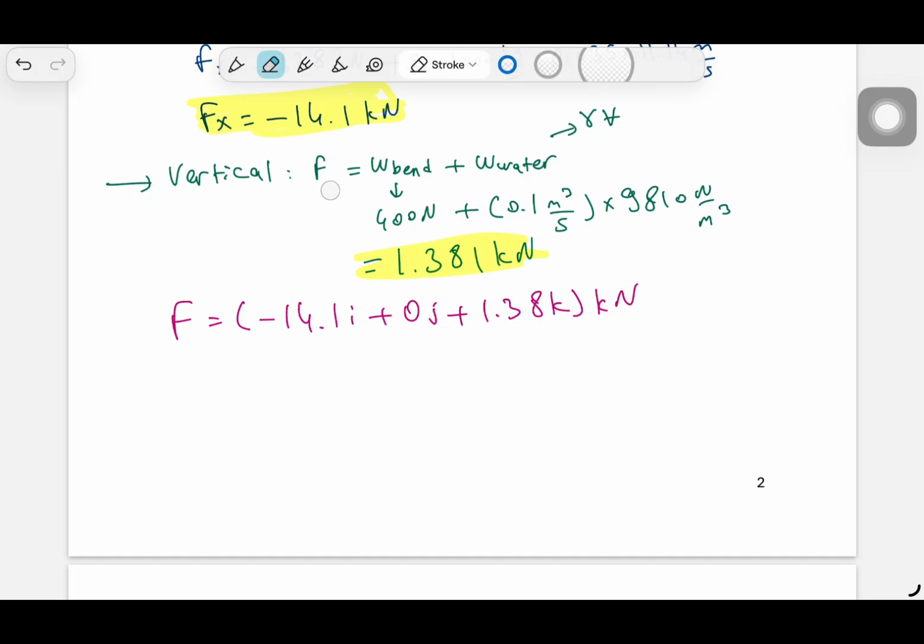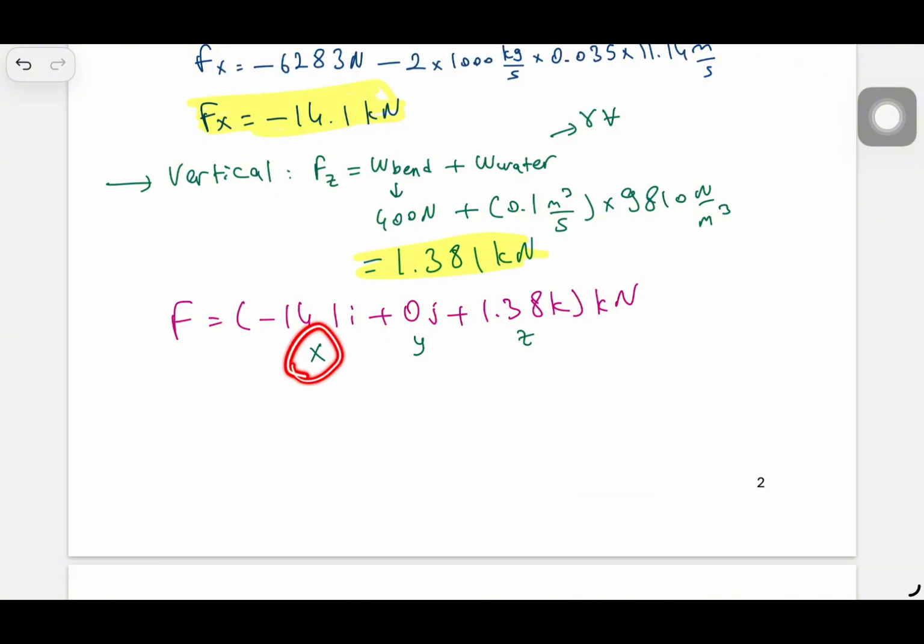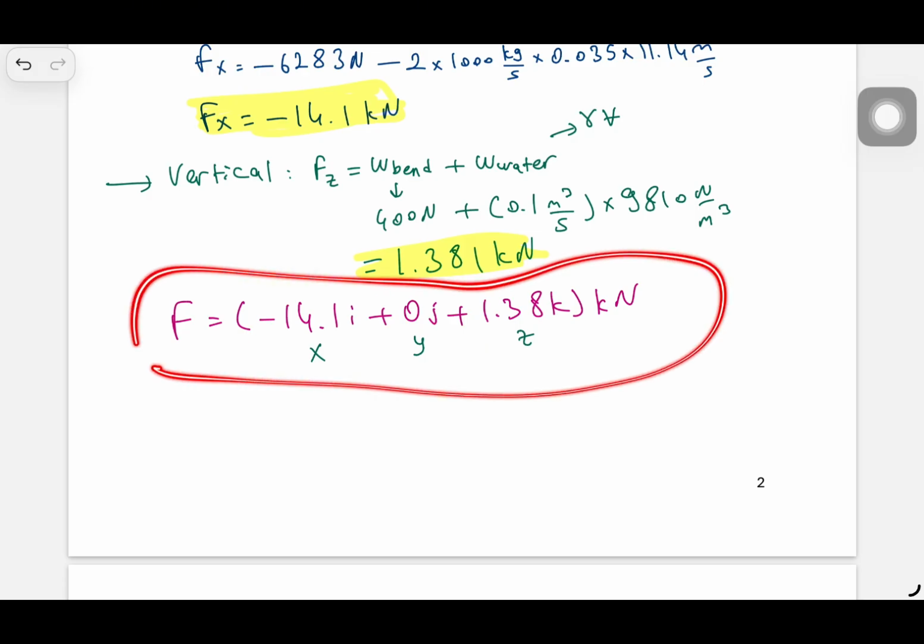So here we are assuming a three-dimensional shape. So instead of y, we are using z. Therefore, we have x, y, and z. And we only have components at x direction and z direction. So that this is the final force.